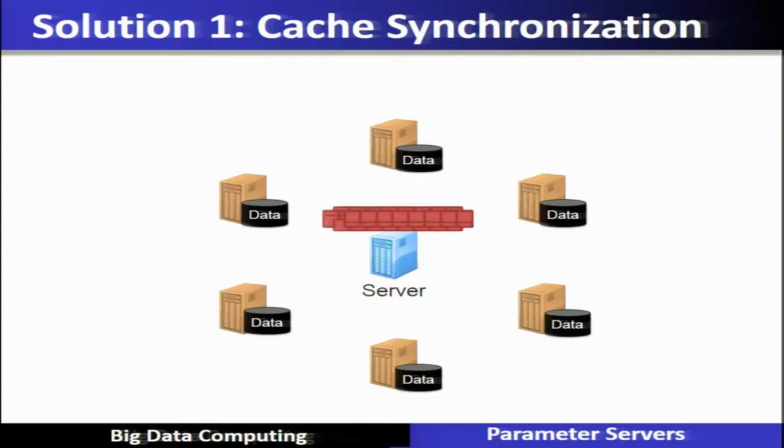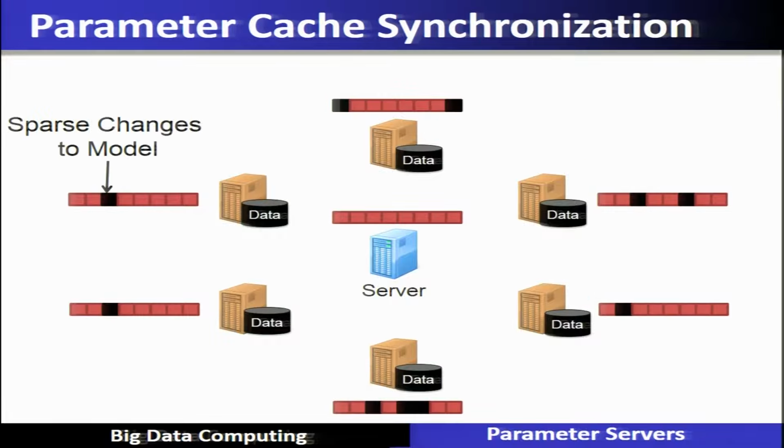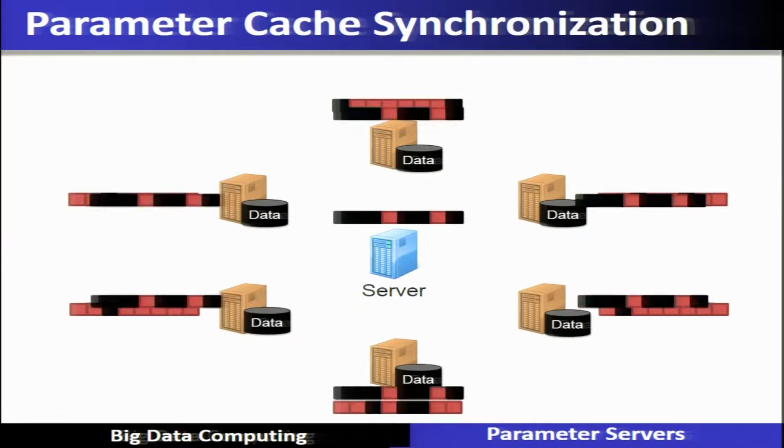Now caching will introduce a problem that is to be handled using cache synchronization. Whenever sparse changes to the model happen through the cache, these parameter servers require the cache to be synchronized.